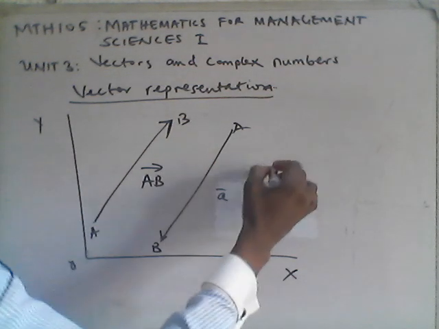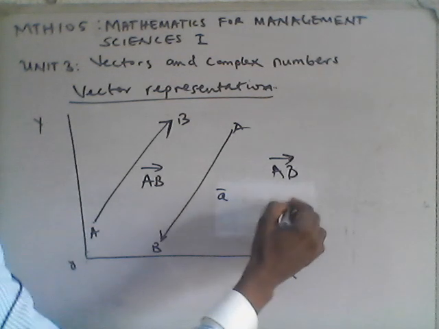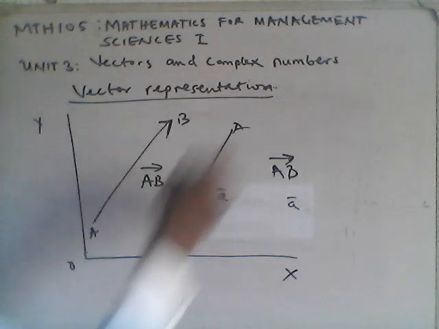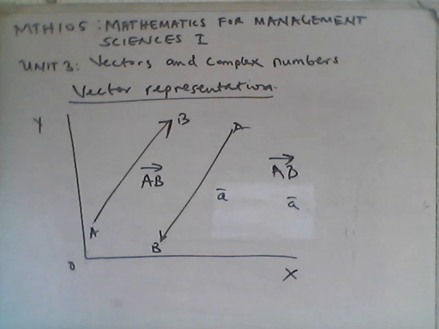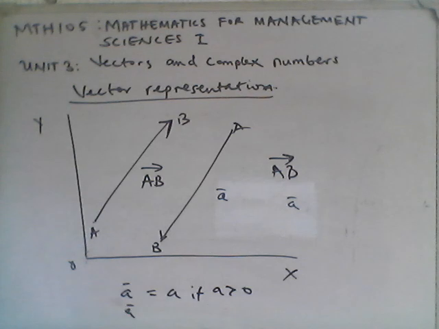Okay, so this is the symbol: A, B, then a bar at the top, or small a and a bar at the top. That's what we use to represent vectors. This one is going up, this one is coming down. That's the difference. Mathematically, it can be proven that if I have a vector a bar, it is equal to a if a is greater than 0, and vector a is equal to 0 if a is equal to 0.